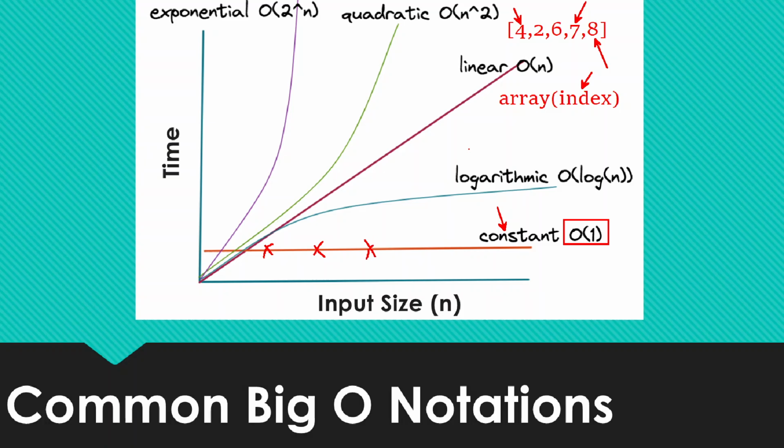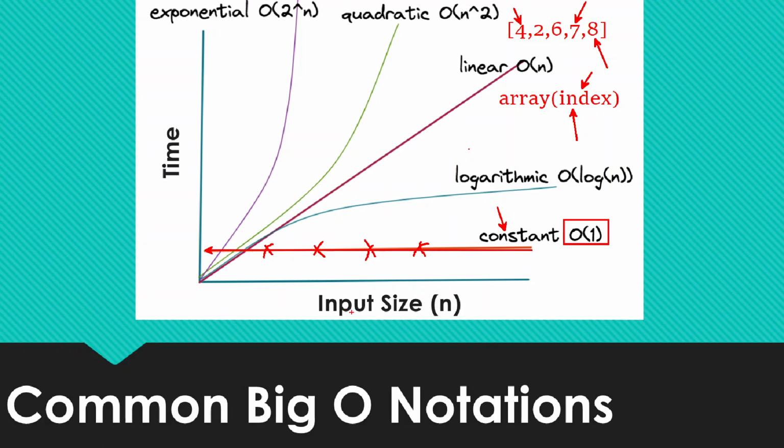It doesn't really matter how big this array is. Even if it has 1,000,000 items, if we put the index of 1,000,000, it's going to take the same time to read that particular element in that array. That is how we get this constant time graph.